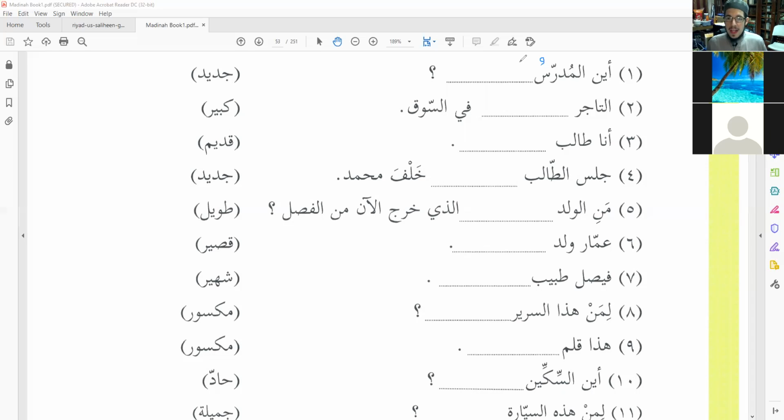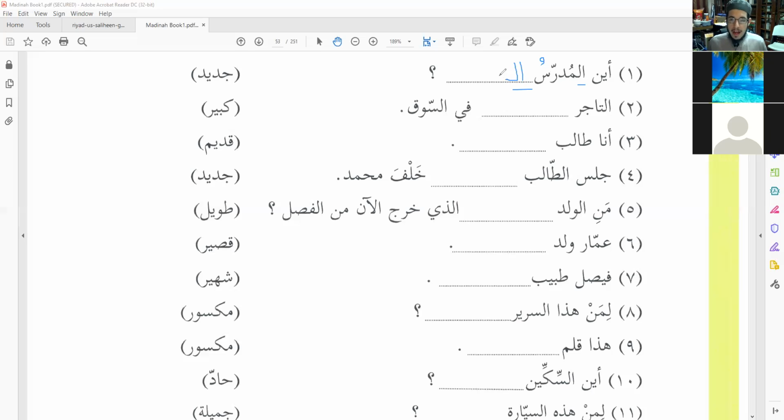Al-mudarrisu, she knows that the adjective has to match the noun that it's describing in the four things. The first of them here is its definiteness. We have alif lam, so this is definite, and this needs to be definite. Since they're common nouns, they are definite by an alif lam.